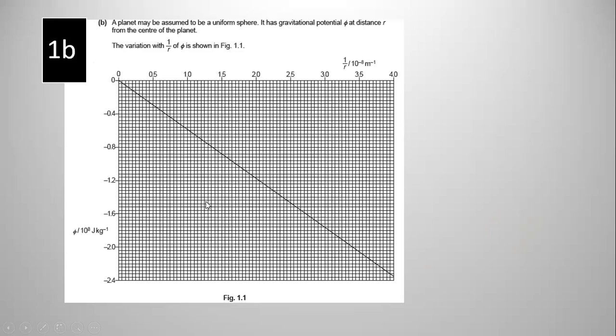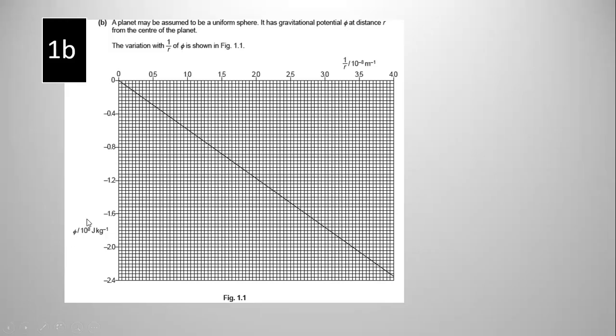A planet may be assumed to be a uniform sphere. It has a gravitational potential phi at a distance r from the center of the planet. The variation of phi with 1 over r is shown in the figure. That's your graph.